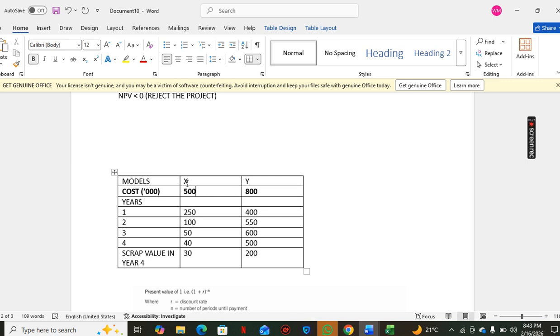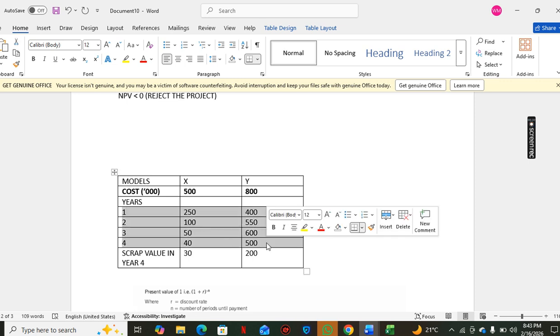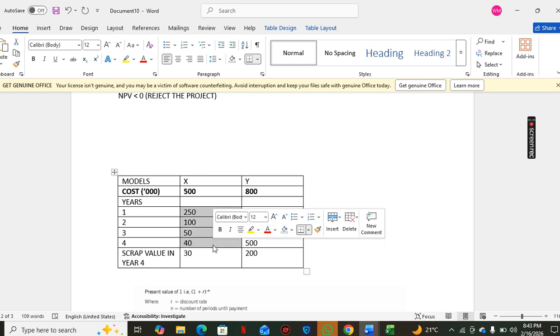Right. So if we invest in X, these are the forecasted returns we're going to get from this investment. In year one, we're going to get 250,000. Year two, 100,000.